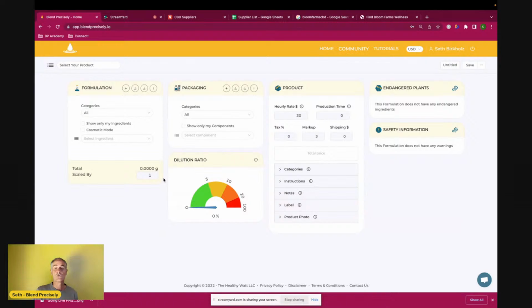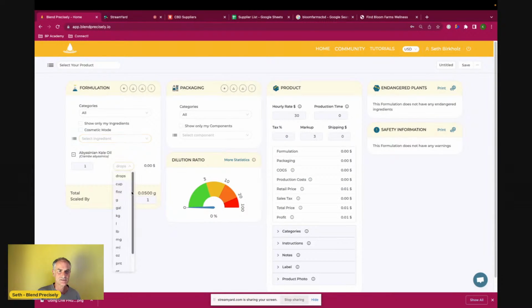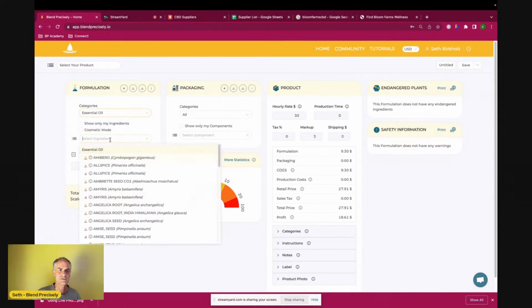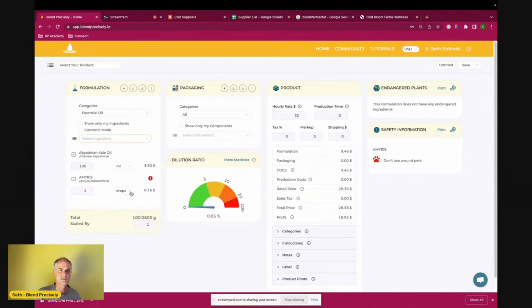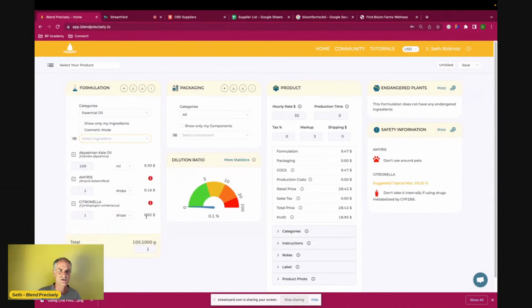All right, so there's a little bit of confusion about milliliters and grams. So I'll just give you an example. Let's say I have 100 milliliters of Abyssinian kale oil and a few essential oils like amyris and, I don't know, citronella.